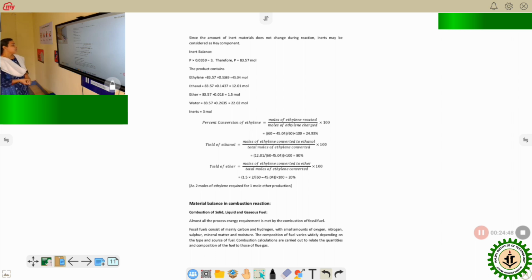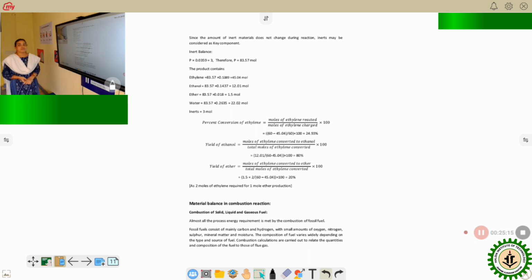Now, material balance in combustion reaction. Combustion of solid, liquid and gaseous fuel. Almost all process energy requirement is met by combustion of fossil fuel. Fossil fuel consists of mainly carbon and hydrogen with small amounts of oxygen, nitrogen, sulfur, mineral material and moisture.